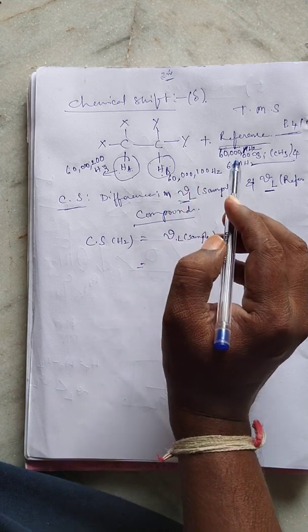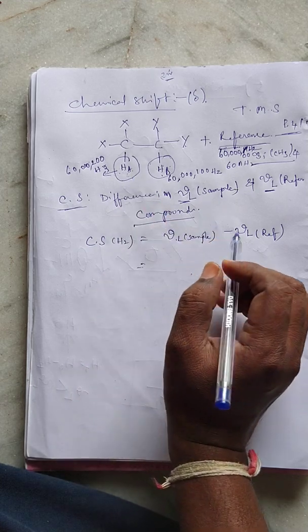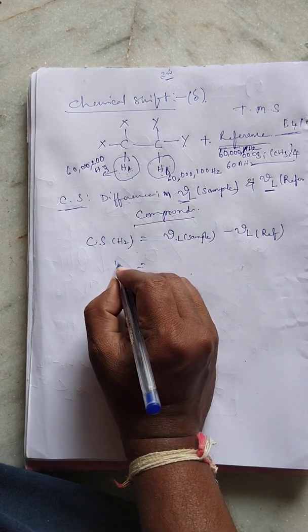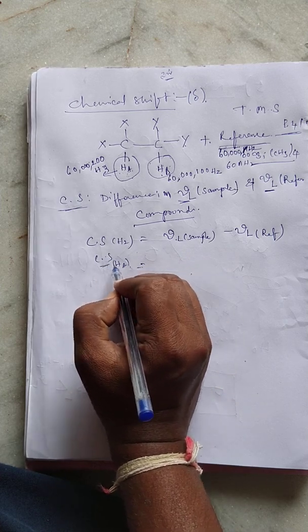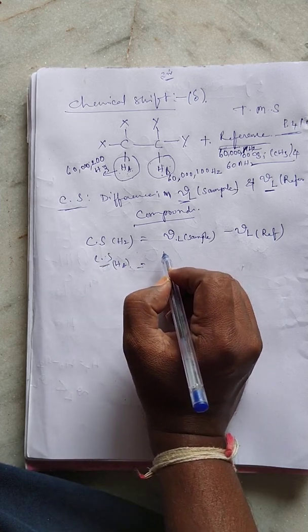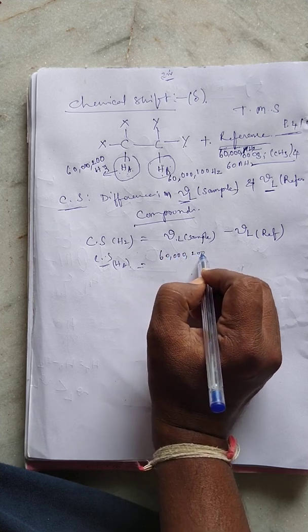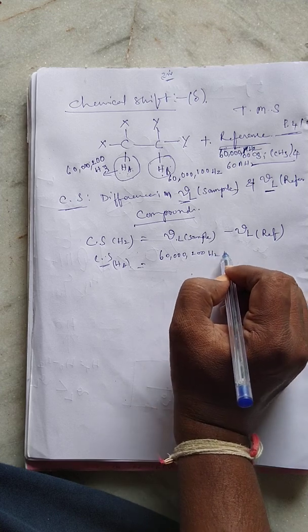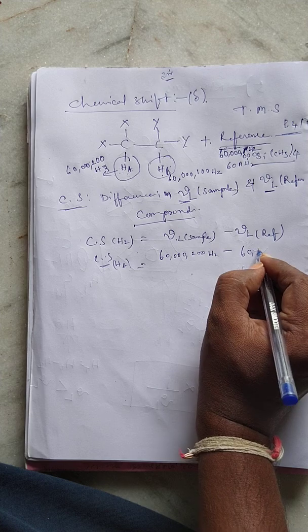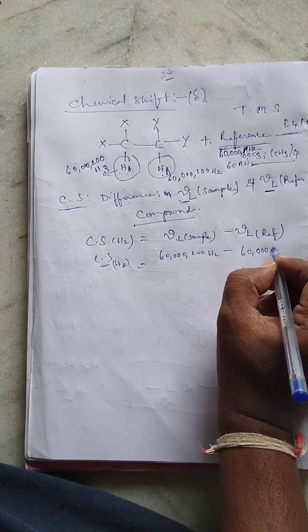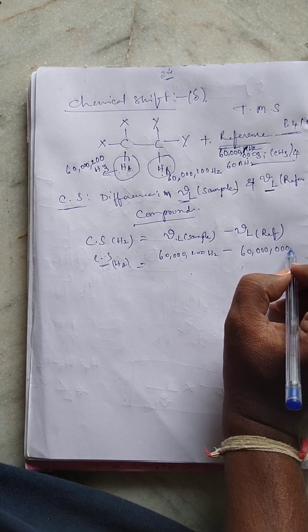The Larmor frequency of HA is 6 crore 200 hertz minus the reference protons for TMS, which is 60 megahertz, that is 6 crore, right?